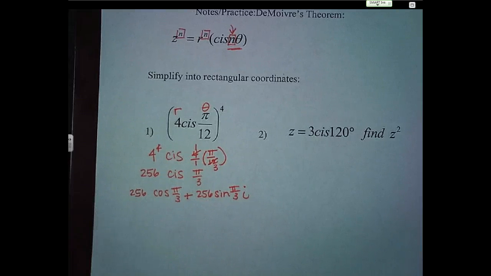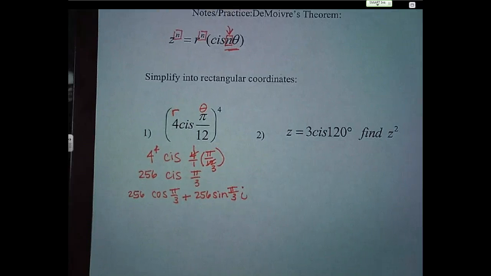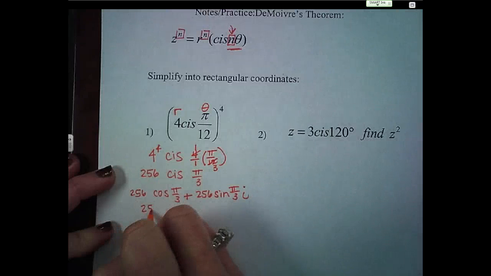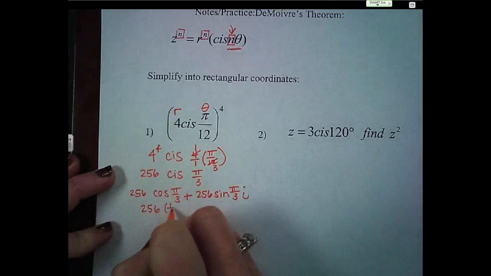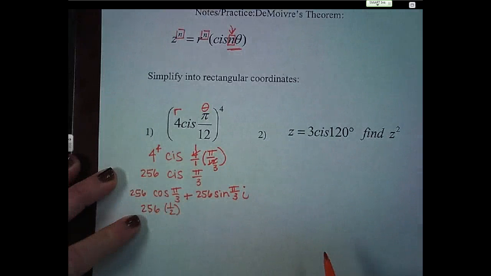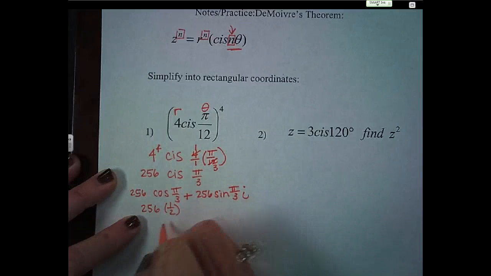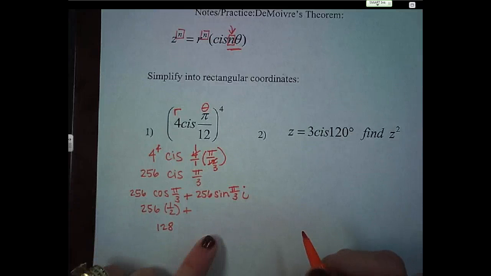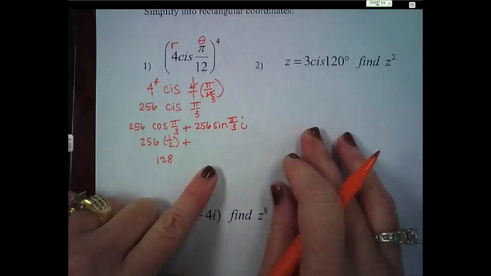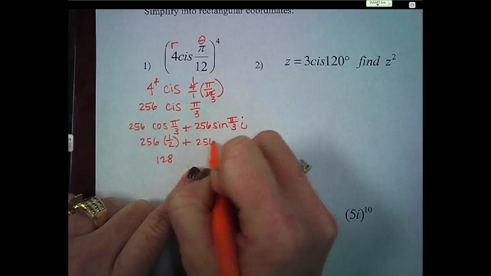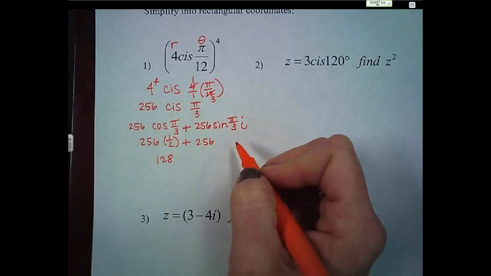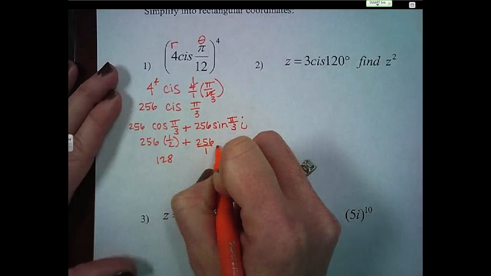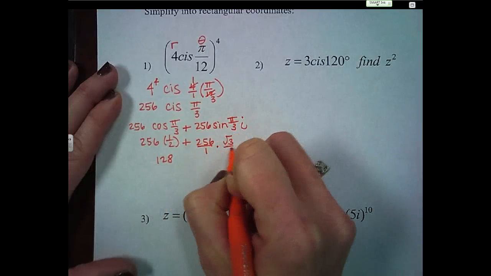But pi over 3 is on your unit circle. So what's cosine of pi over 3? Yeah, it's 1/2. So 256 times 1/2 is 128. Plus, now you're going to take 256 and multiply times sine of pi over 3, which is root 3 over 2. So 256 over 1 times root 3 over 2, and forget about your i for now.